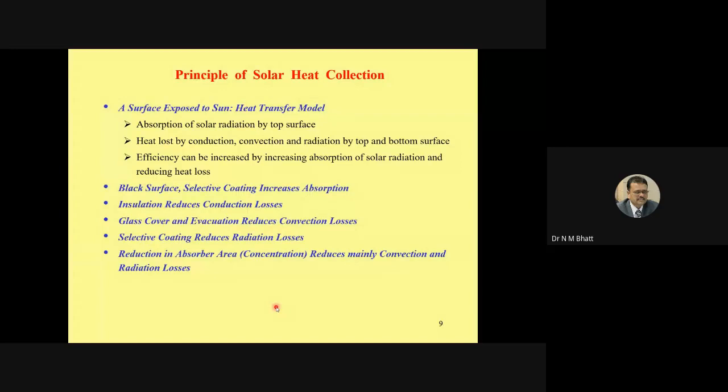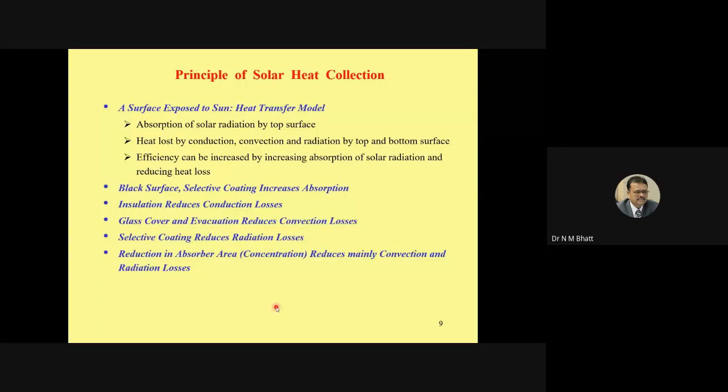Then we can use the glass cover, or we can use evacuation, to reduce the convection losses. Those who are familiar with the flat plate collector, flat plate solar air heater or liquid flat plate collector will understand that above the absorber surface we provide one or two glass covers.